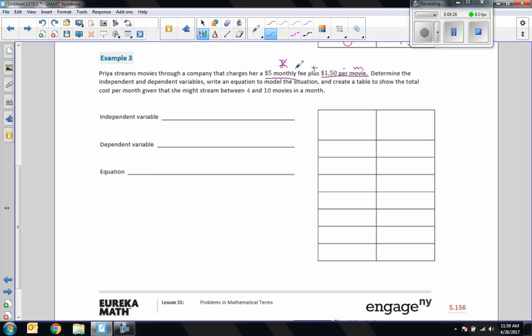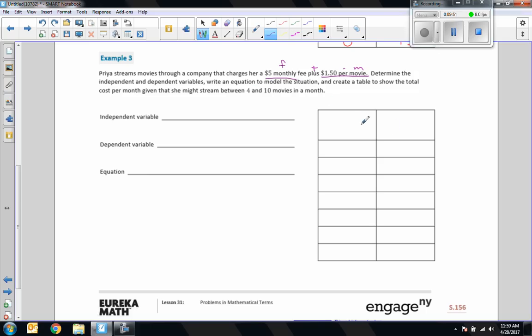I'm going to show you how to set up the equation using all these variables and then plug in. It says determine the independent and dependent variables, write an equation to model the situation, and create a table to show the cost per month given that she might stream between 4 and 10 movies in a month.